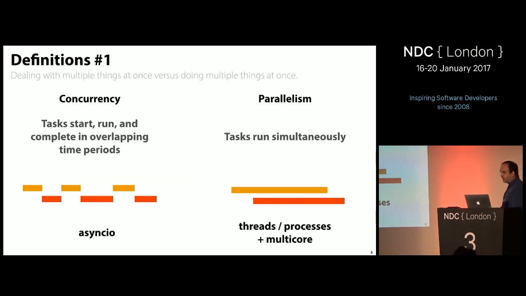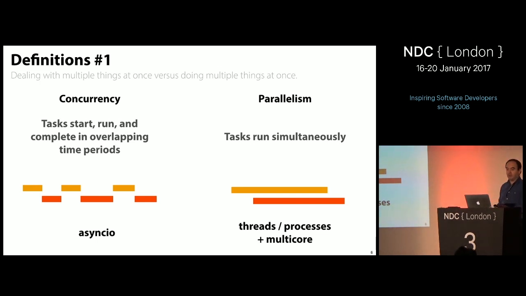So let's just establish a few definitions to make sure everyone's on the same page here. Concurrency is about tasks which overlap in time, in terms of the start and end times overlapping, although we're not necessarily progressing each task, or all tasks, at any given instant. Whereas parallelism is about actually doing things at the same time.